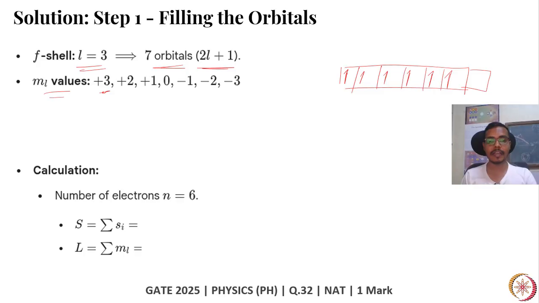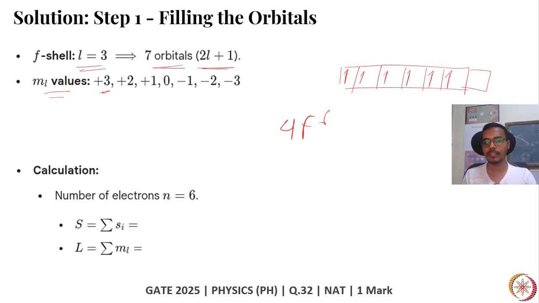The problem states we have 6 unpaired electrons. That's why I added 6 up-spin states here. In the f shell, this corresponds to the configuration 4f6. So the configuration is simply 4f6. We place 1 electron in each of the first 6 orbitals to maximize the spin.